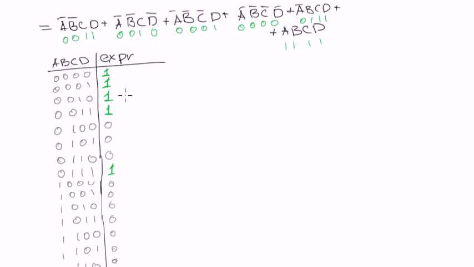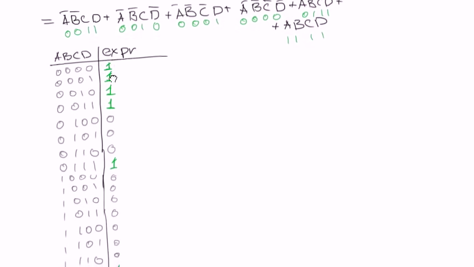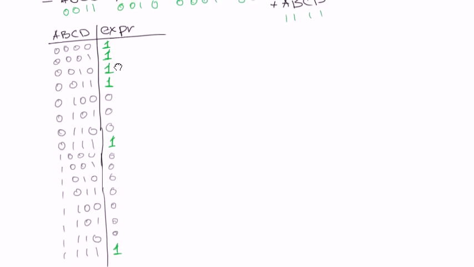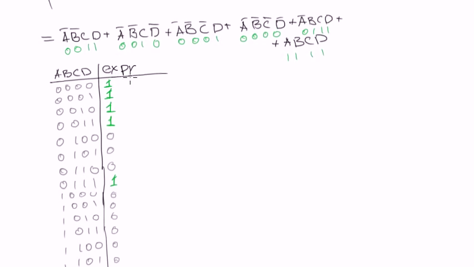So every green one in the truth table represents one product in the standard sum of products form.